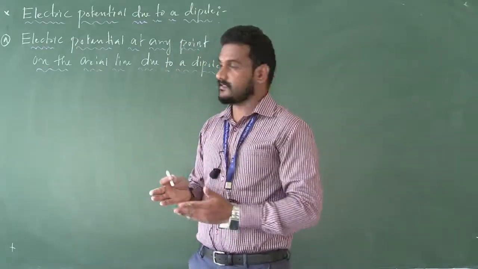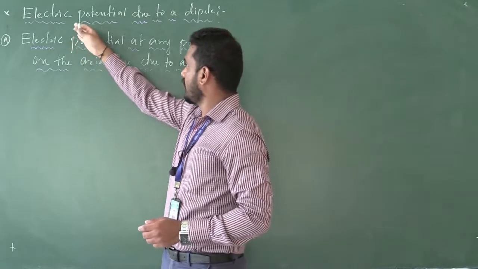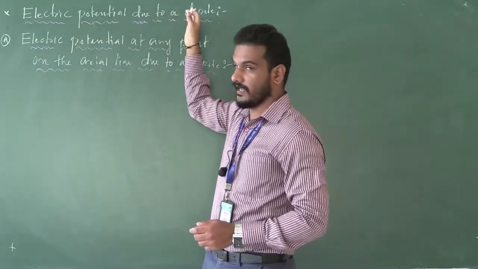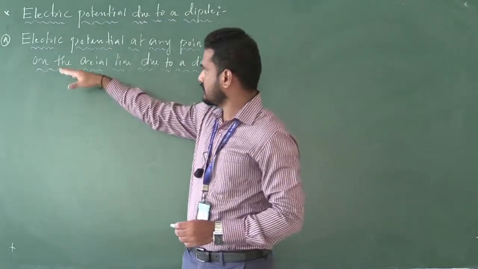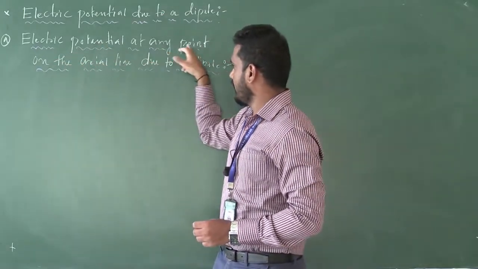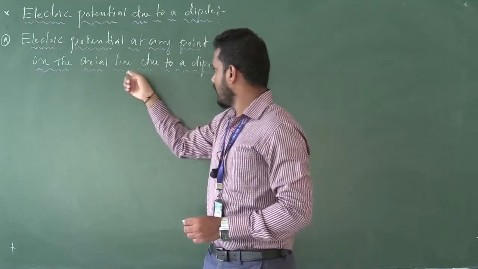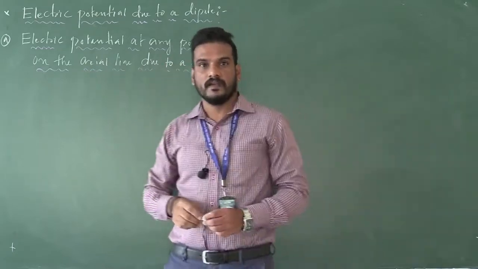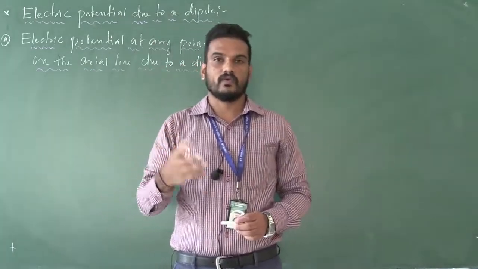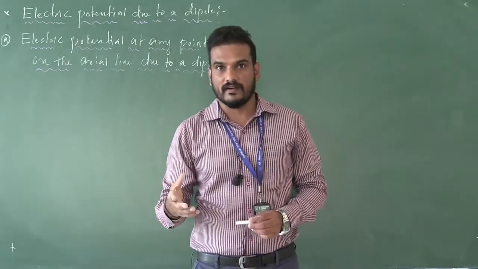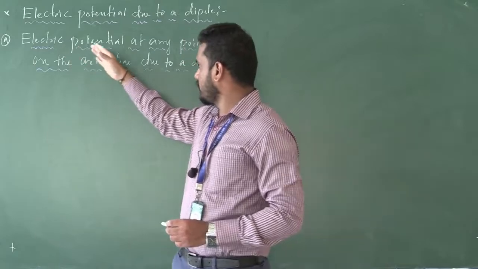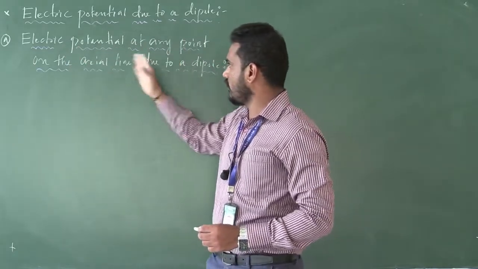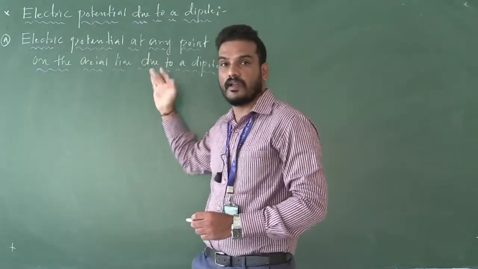Now in this class we are going to understand electric potential due to a dipole. Here 2 derivations will come. The first one is electric potential at any point on the axial line due to a dipole. About the axial line and equatorial line, we already learned in the first chapter itself.